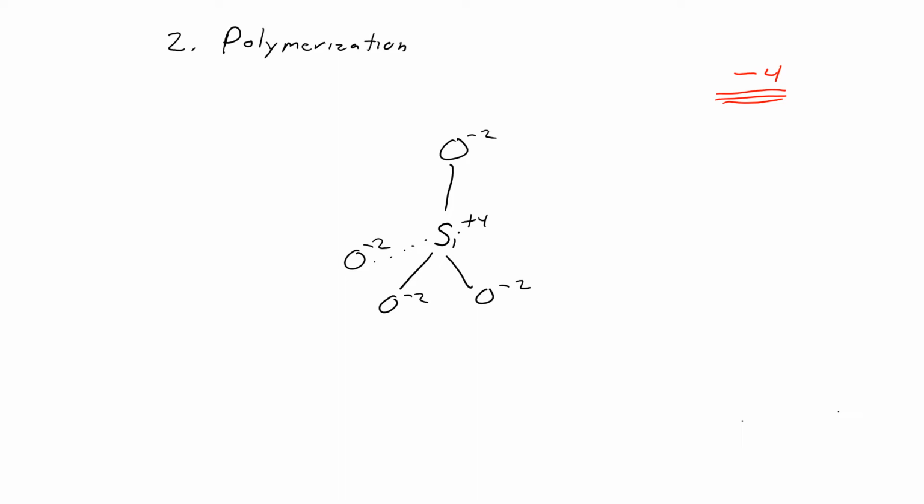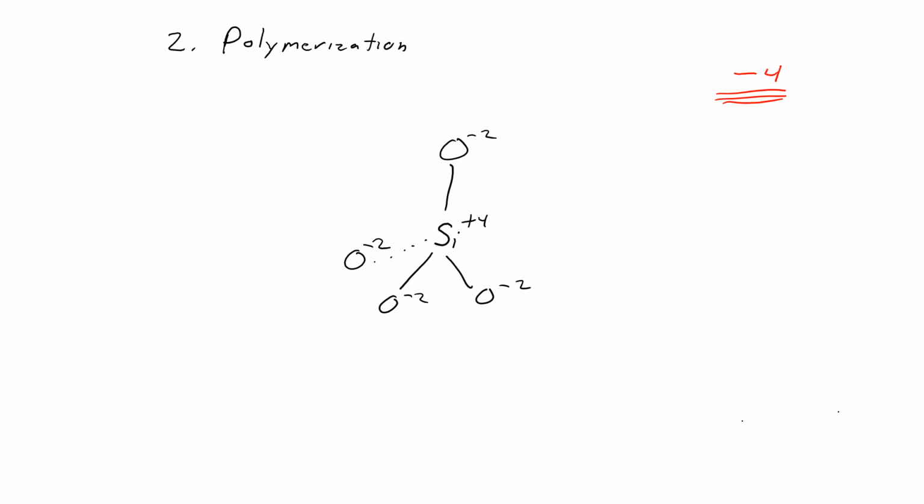Now, in the previous example, we balanced out that -4 by adding 4 positive charges through the addition of 2 +2 iron cations. Well, there's another way to reduce the charge, and that's by polymerizing, or by repeating this pattern that we see with the silica tetrahedron.